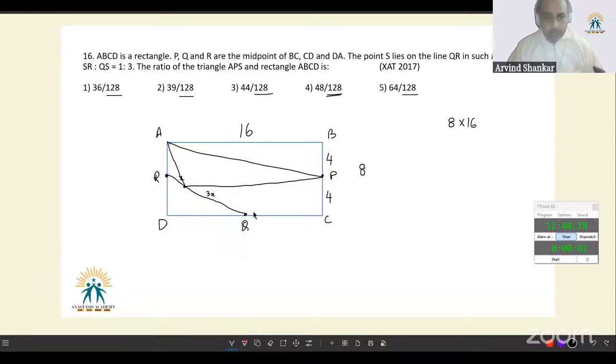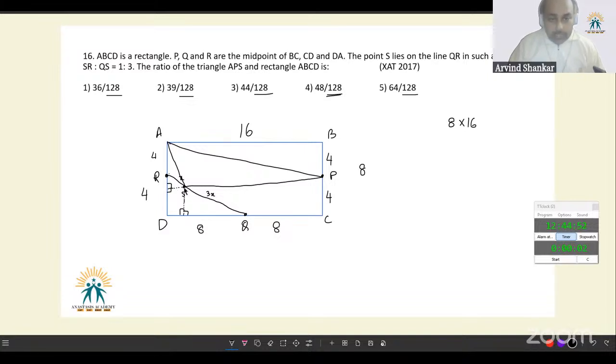This is 4. And then from this point S, I dropped two perpendiculars, one to DQ and one to AD. Remember, this is also 4. This entire thing is also 4. This is 8 and this is 8.